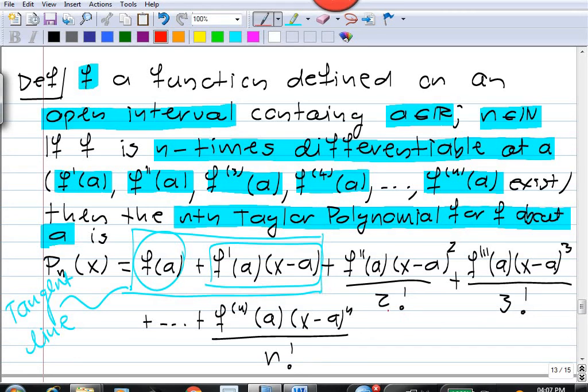Remember, 2 factorial is just 2. So if we now add this term, now we've just got our quadratic q of x that we discussed a moment ago. Now we add similar terms for the third derivative, fourth derivative, fifth derivative, up to the nth derivative.